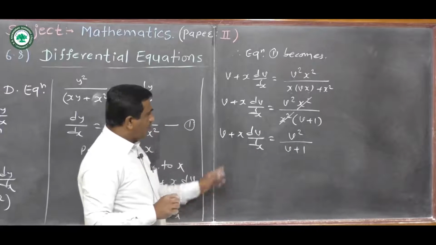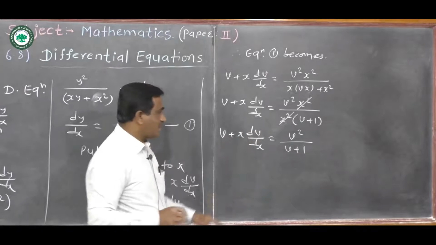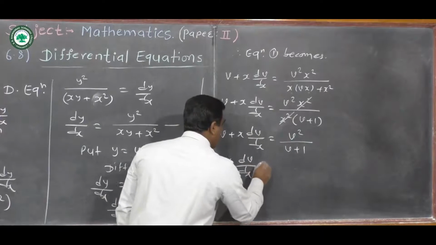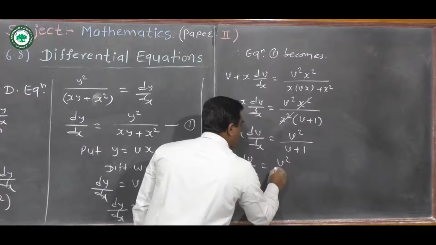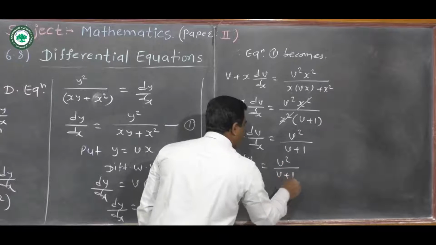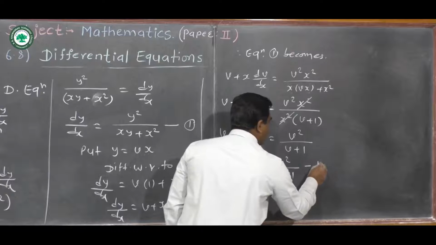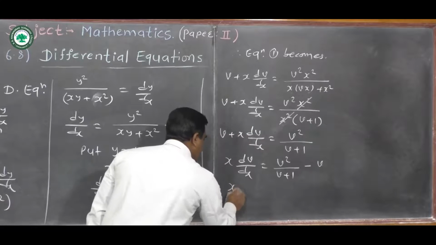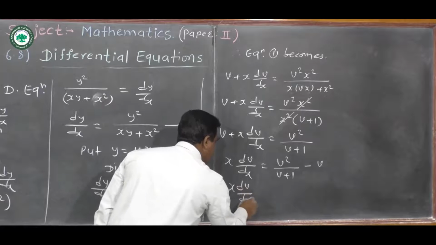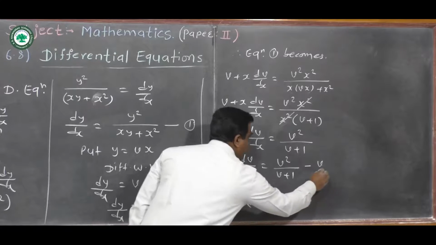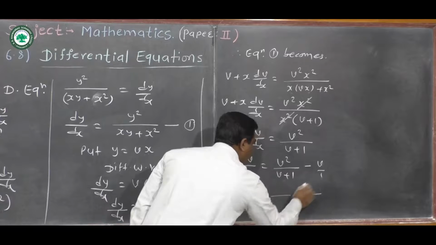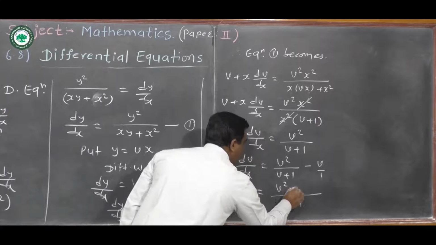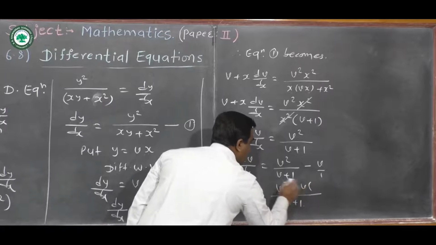Okay, now we can take this term v to the RHS, then x into dv by dx is equal to v square upon v plus 1 minus v. That is, x into dv by dx equal to, take here addition, product of denominator at denominator, cross product, v square minus v into v plus 1.